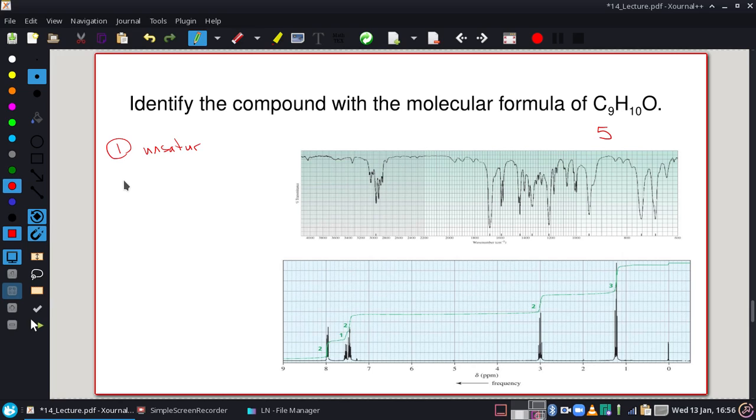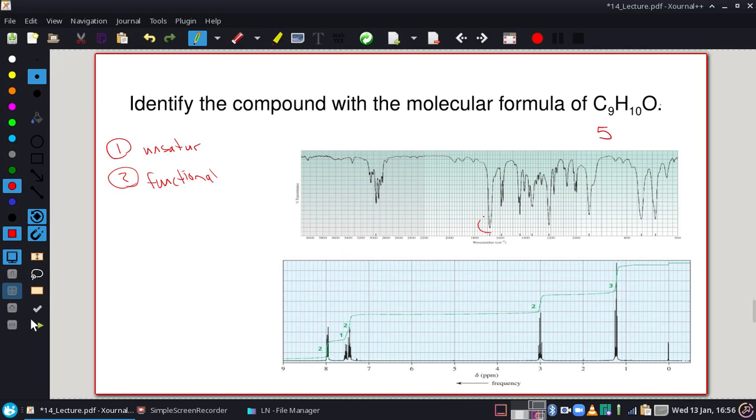Now, the next thing I want to do is try to figure out what functional groups are present from my IR. Now, I don't need this to be perfect, but I can actually determine quite a bit of things from these two right off the bat. Like, for instance, that O is either like an alcohol or an ester or a carbonyl, and we can identify all those by looking at this peak.